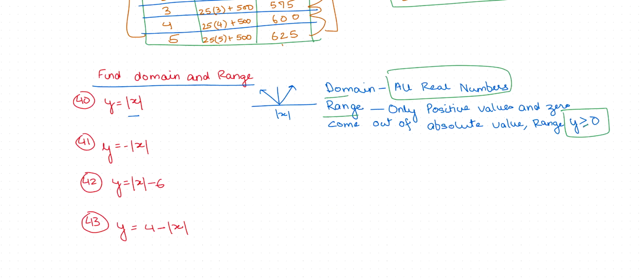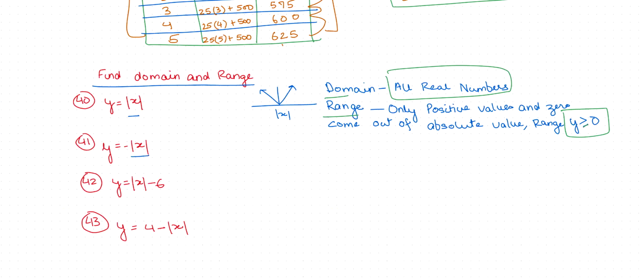Now for 41, we can see that any value can go into the absolute value function again. So the domain is all real numbers.